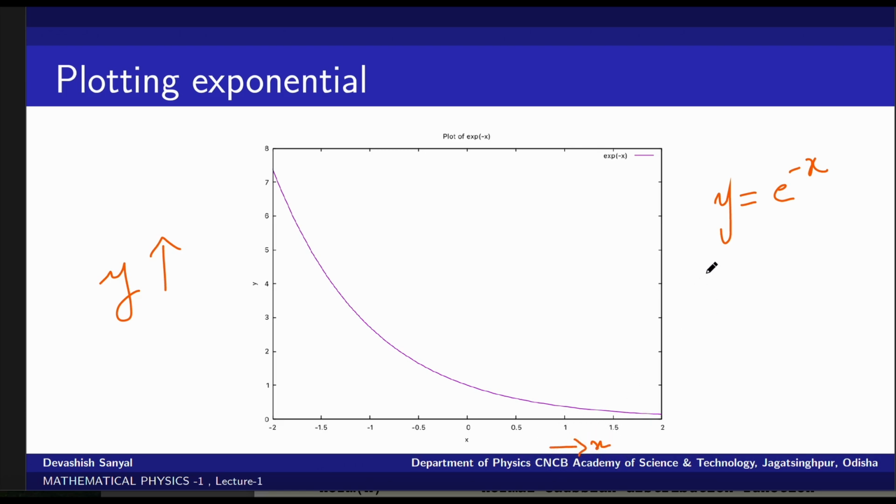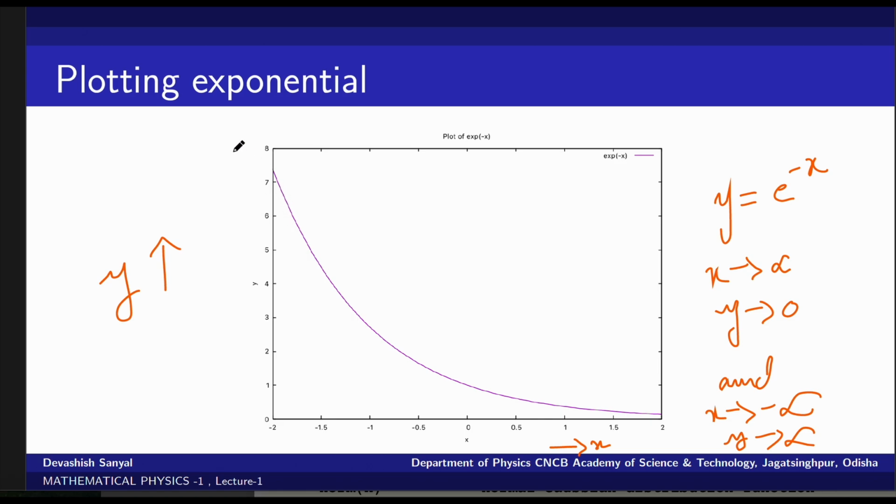Here as x tends to infinity, y tends to 0, and as x tends to minus infinity, y also diverges. So on this side you have large x, so your y is 0, and as you go from right to left, it keeps increasing, and you can see the divergence.